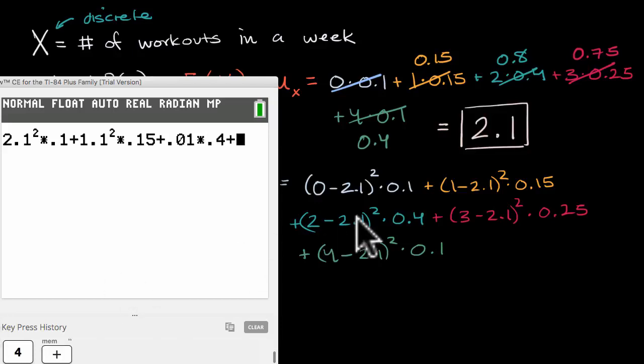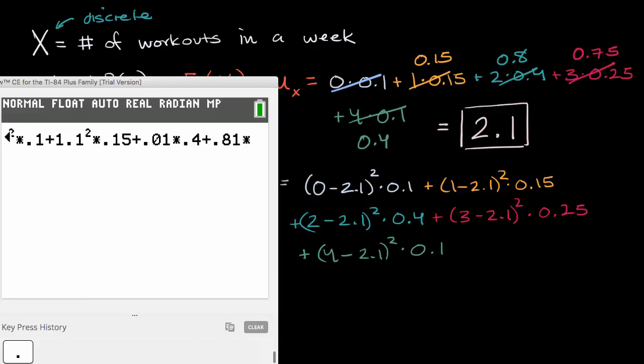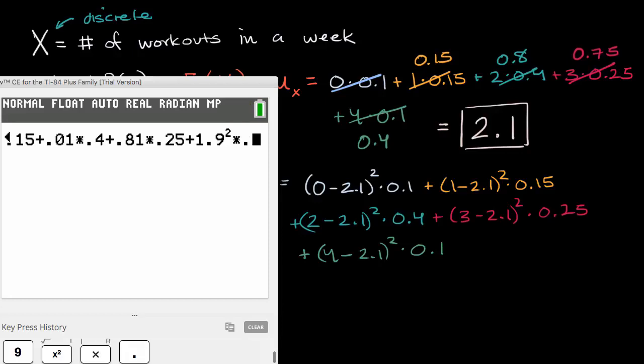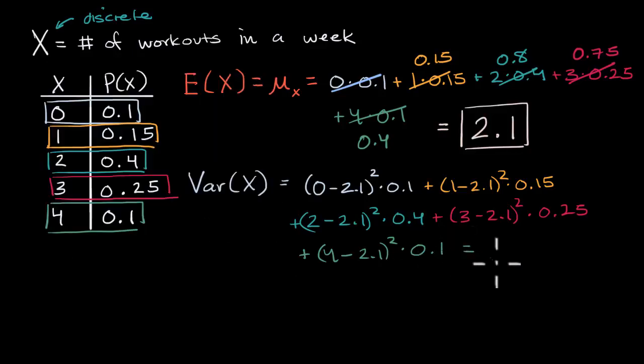And then plus, this is going to be 0.9 squared, so that is 0.81 times 0.25. And then we're almost there. This is going to be plus 1.9 squared times 0.1. And we get 1.19. So this is all going to be equal to 1.19.